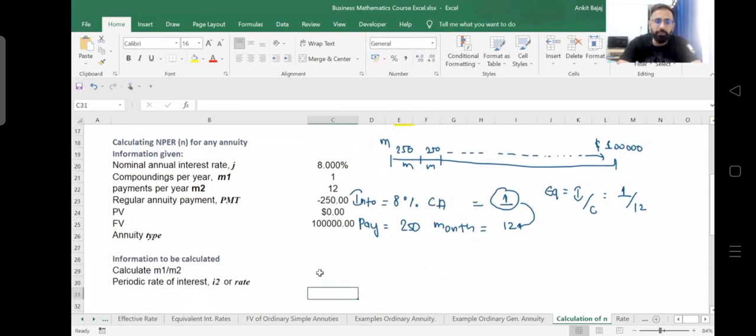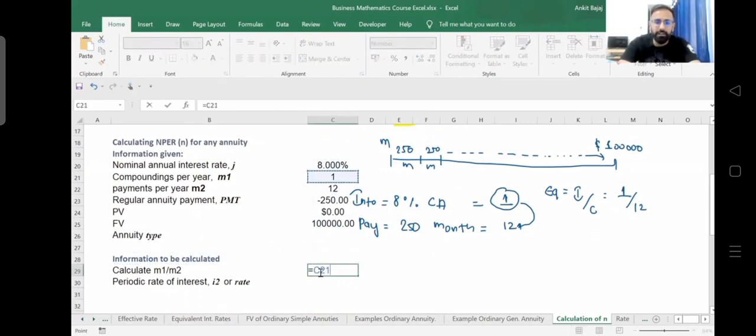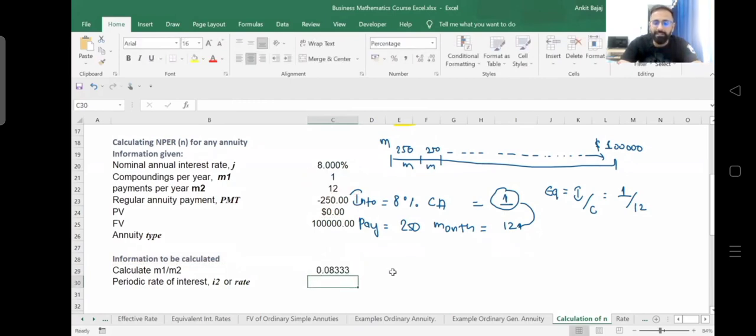Now here, we have to calculate this equalized duration. How will we calculate the equalized duration? I have to do interest duration divided by payment duration, and here I will get the answer 0.0833. Now for the periodic rate, we have to find the effective rate, right? We have to use the same formula which we were using in lecture 1: 1 plus the interest rate, compounding once in a year.